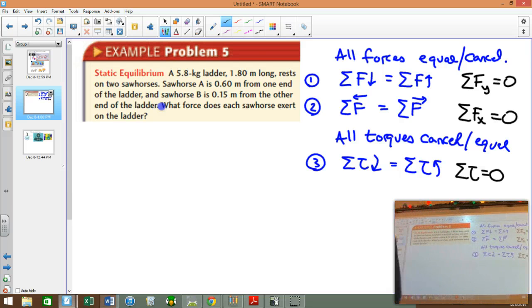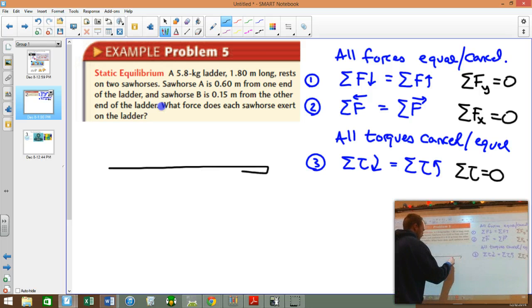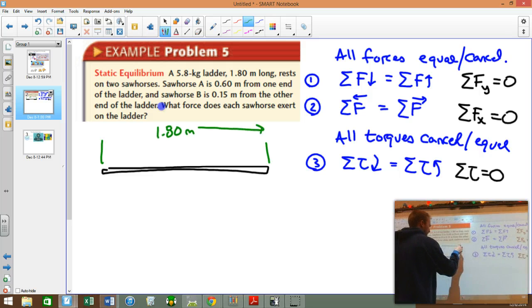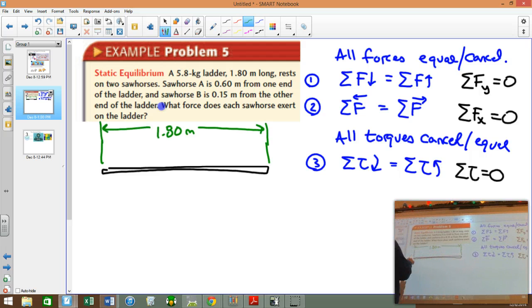And here's an example of this. You've got a ladder. It's 1.8 meters long. It's resting on 2 sawhorses. Sawhorse A is 0.6 meters from one end. So this whole thing is 1.80 meters long, so halfway is 0.9.